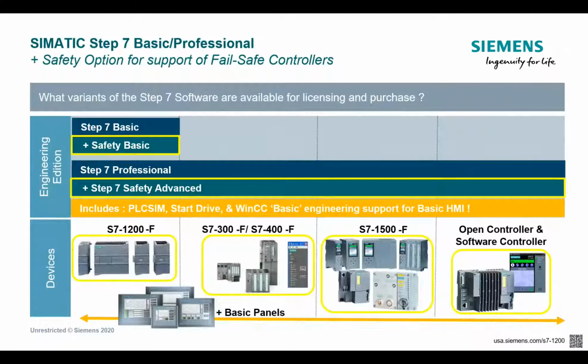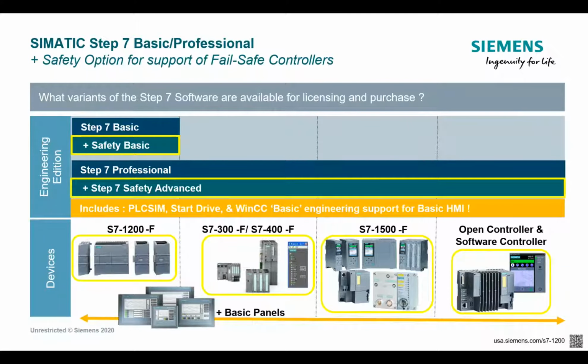So just showing the licensing. We use SIMATIC Step 7 Basic to program 1200s. The nice thing about that is it allows you to get into TIA Portal at a much lower price point than going with Step 7 Professional. It's incredibly powerful.